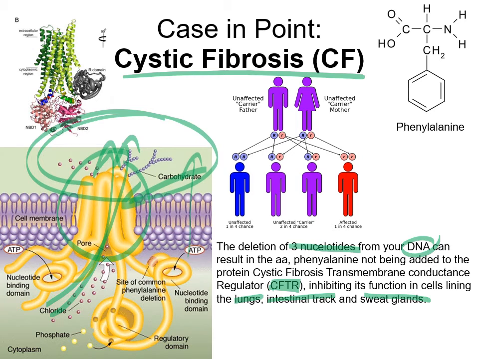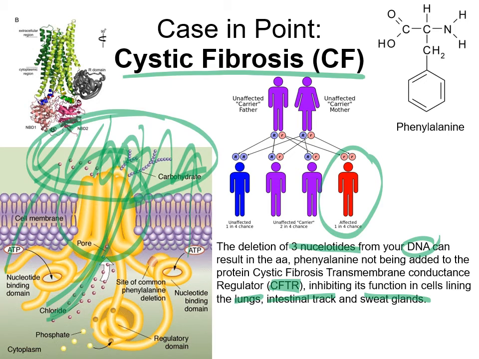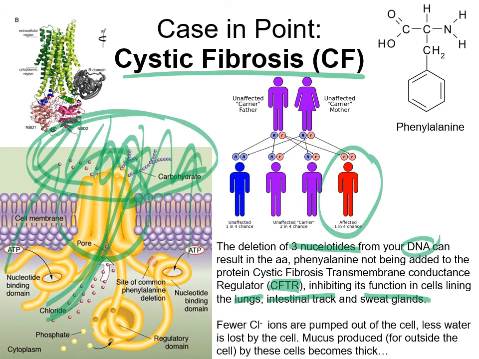Inside of our lungs, we want there to be a mucus layer, and that's made by pumping chloride ions out of the cell, in which case water is also going to flow, and you end up with this wonderful mucousy layer on your lungs, which is good for things like trapping bacteria. Now, this particular genetic change leads to an individual who may, and it's a recessive trait, get this particular trait where their proteins aren't pumping out as many chloride ions as would be normal.